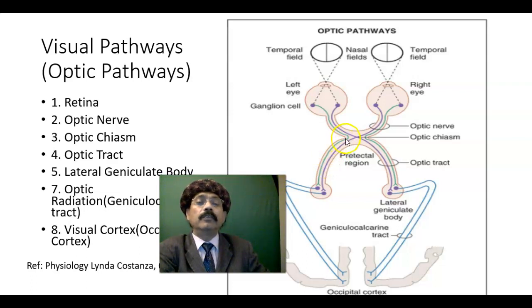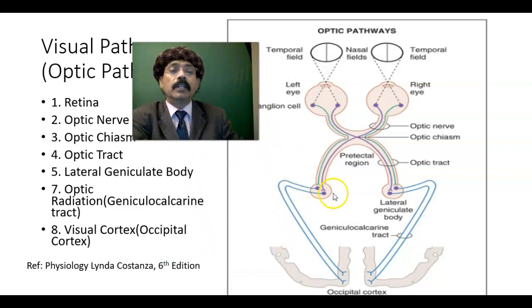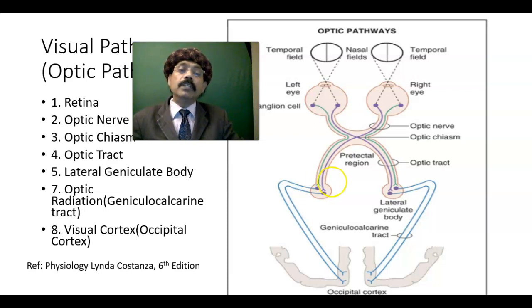Optic tract is going to the lateral geniculate body. So this is the lateral geniculate body. Lateral geniculate body is a part of the thalamus. Lateral geniculate body has 6 layers, and for the ipsilateral side, same side, we'll get layers 2, 3, 5.